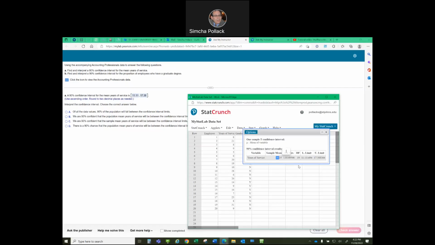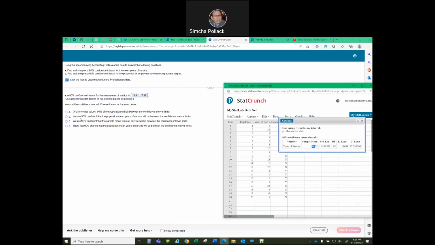You took another 20 people, you're definitely going to get a different answer because 20 different numbers might come out to 14.88 or 13.76. So now we know the real population average is probably somewhere between 11.11 and 17.38. So let's see what the possibilities are.